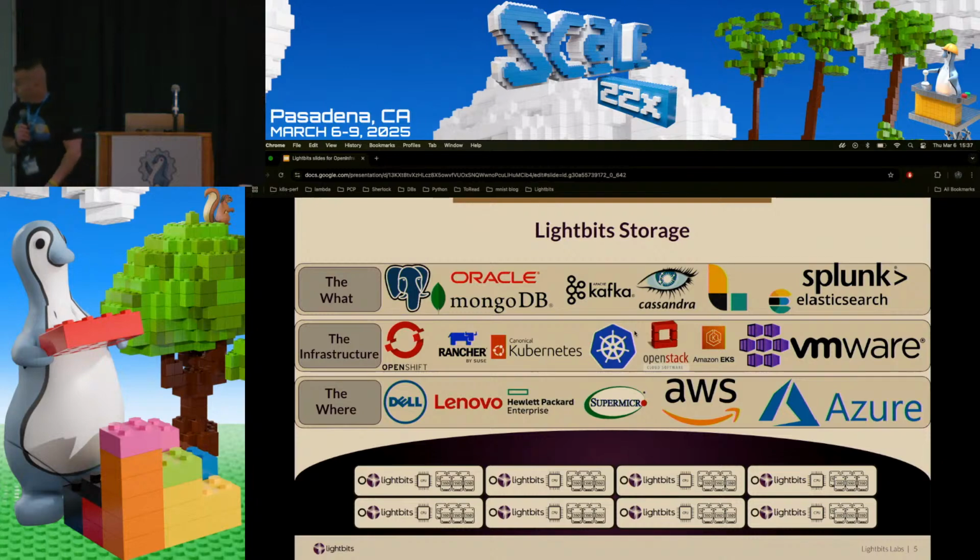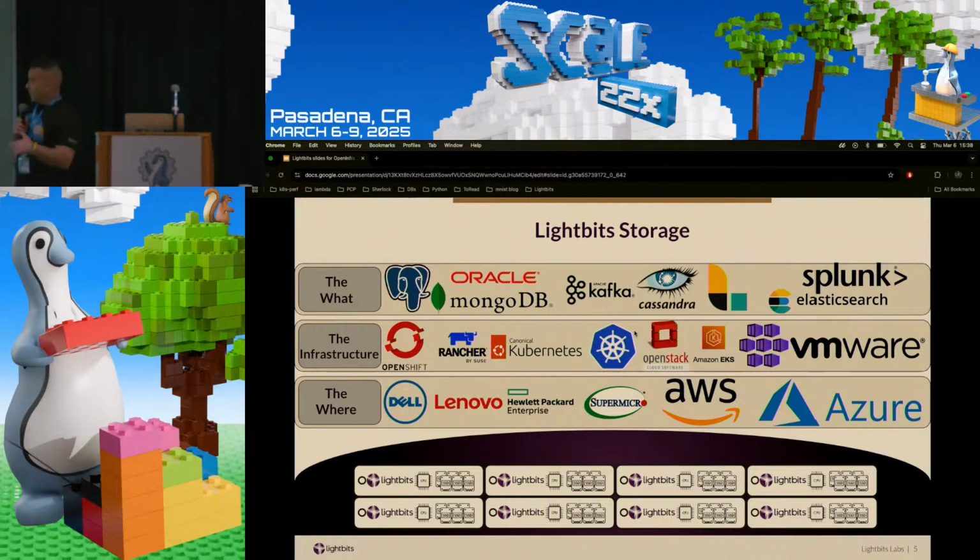This is a very messy and massive slide on what we support and run. We literally have customers, some of them running in cloud, a lot of them running on-prem. Platforms that are using the storage: we are the first NVMe over TCP driver that was created for VMware. No, it's not a welcome name in this conference, maybe.